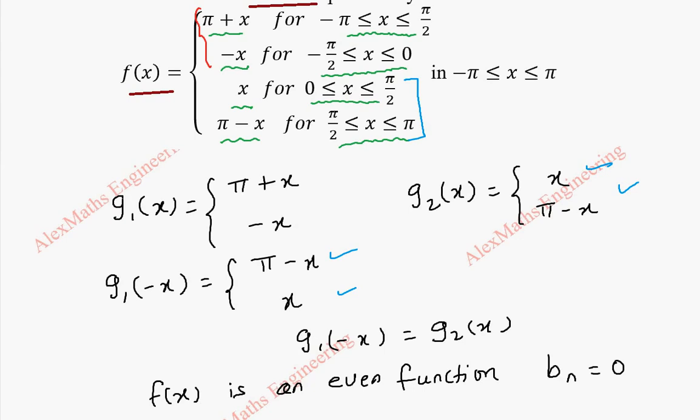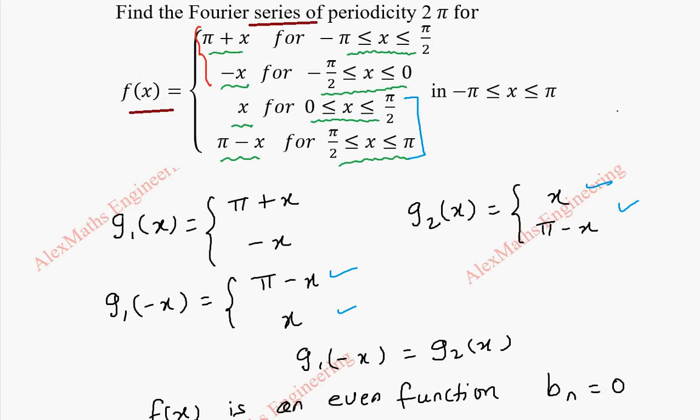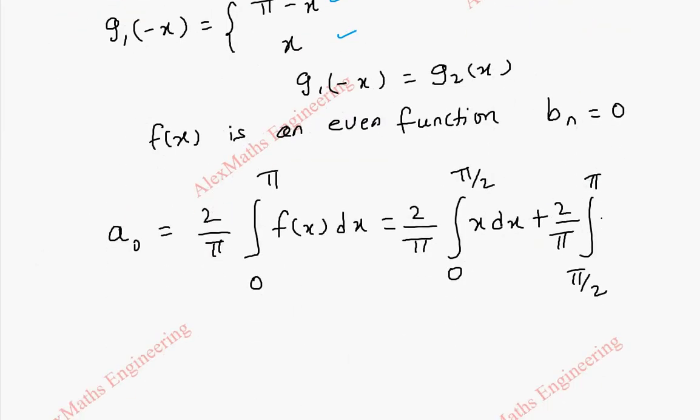So for 0 to pi by 2, it is x, so we take x dx, and the limit is from 0 to pi by 2. And the second part is plus 2 by pi integral pi by 2 to pi, where the function is pi minus x, so pi minus x dx.